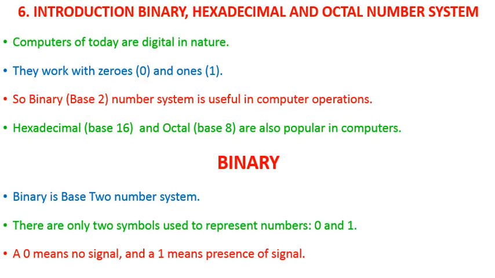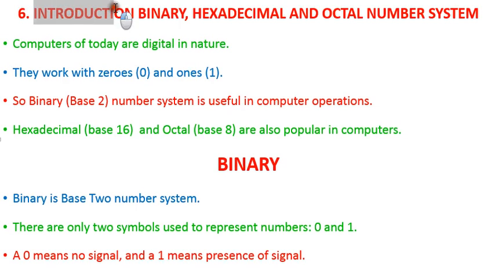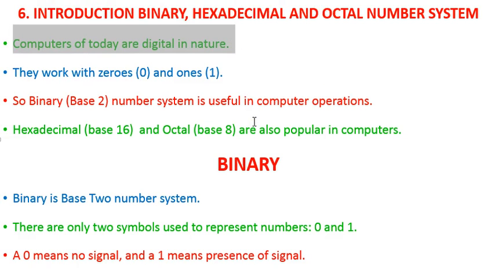So now we move to the next item on our content, which is item number 6, and this is introduction to binary, hexadecimal, and octal number systems. If you can remember, we said the computers we use today are generally digital in nature.